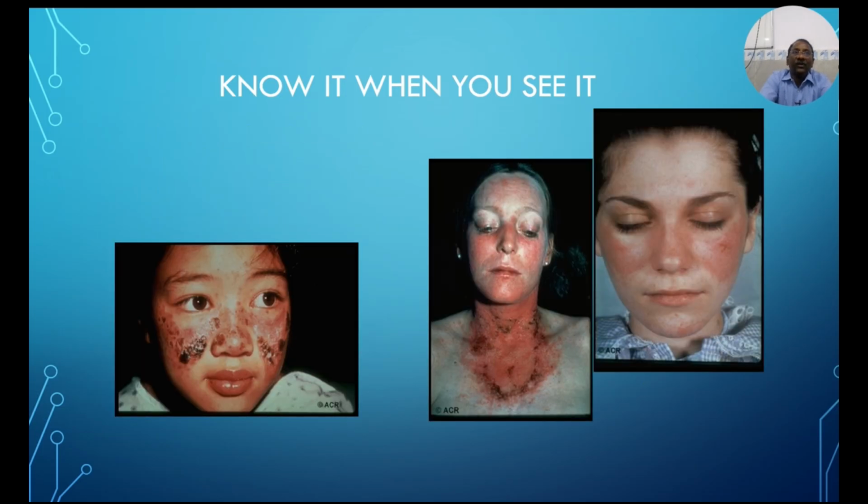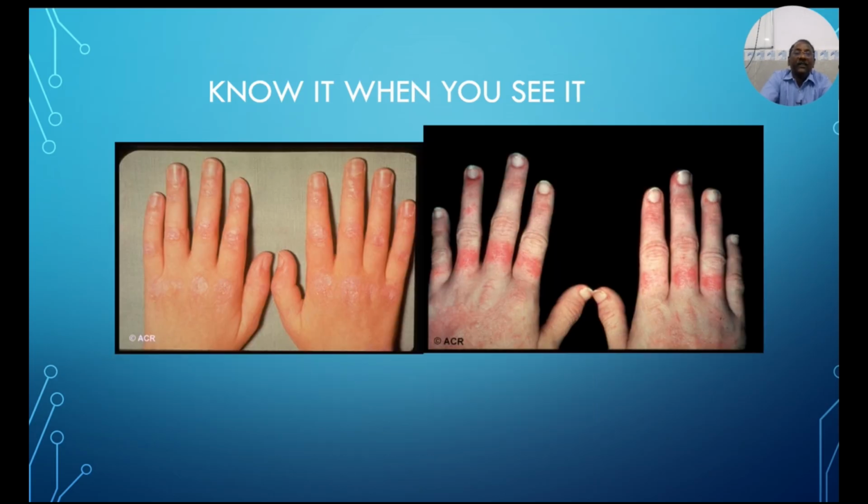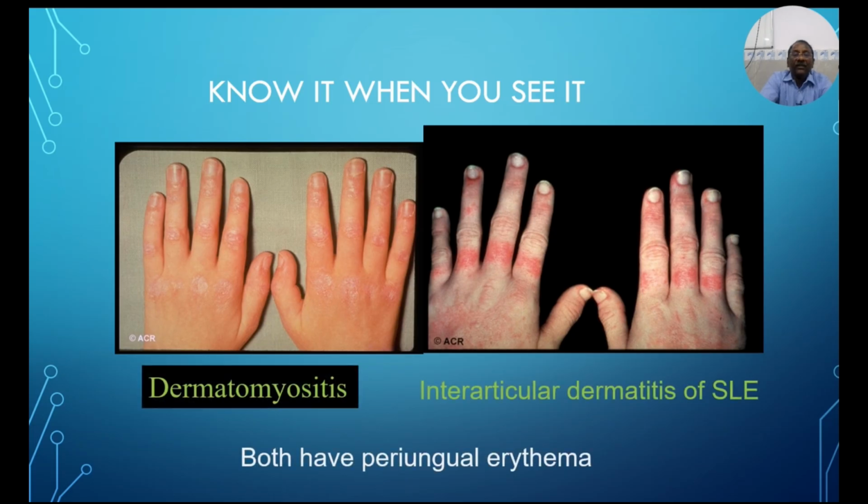The nasolabial fold is spared here in the first picture. Butterfly rash. So this is lupus. See here. So dermatomyositis, periungual erythema.